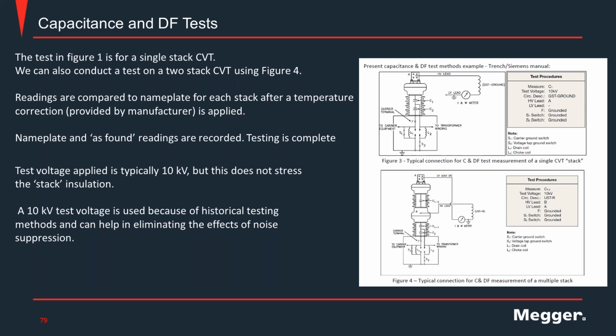That's why we inject 10 kV, because we are trending the results. We are comparing the previous test result to the one we've got at this moment. We use the 10 kV test voltage because we want to suppress the noise.